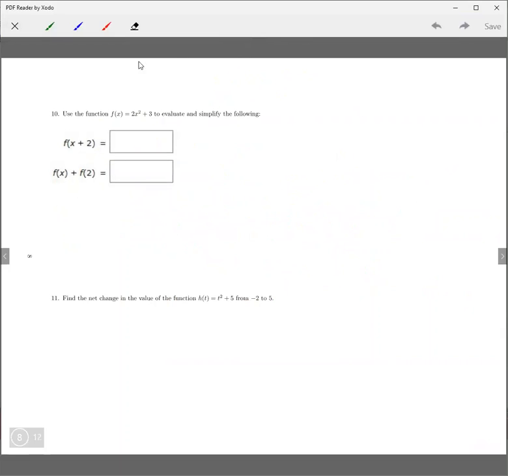Okay, let's look at number 10. Use the function f of x equals 2x squared plus 3 to evaluate and simplify the following. Just follow this again. This x got replaced with x plus 2, so that x wants to also get replaced with x plus 2.